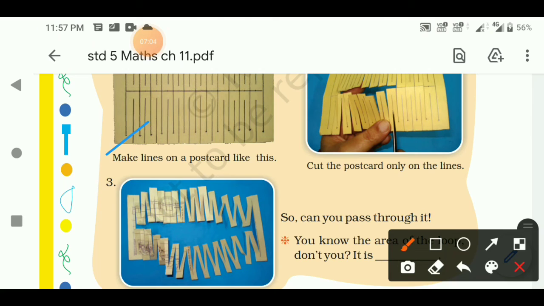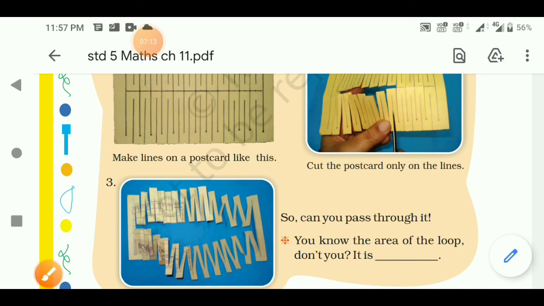Then cut the postcard only on the lines as shown in the picture. So can you pass through it? Yes, you can pass through it. And then you know the area of the loop, don't you? Yes, because area will not change. It is 126 square centimeter.